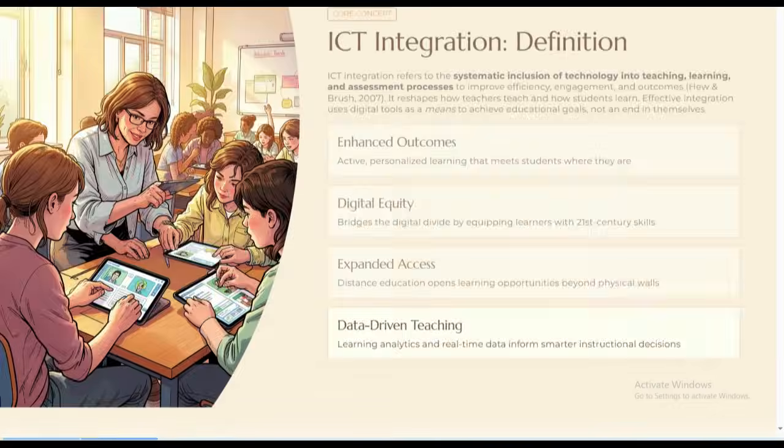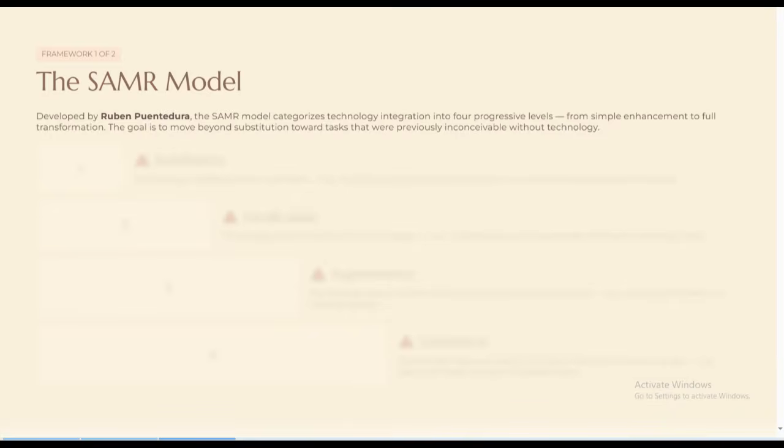We are going to be looking at the frameworks. One of the models we are going to look at today is the SAMR model, which is developed by Ruben Puentedura. The SAMR model categorizes technology integration into 4 progressive levels, from simple enhancement to full transformation.